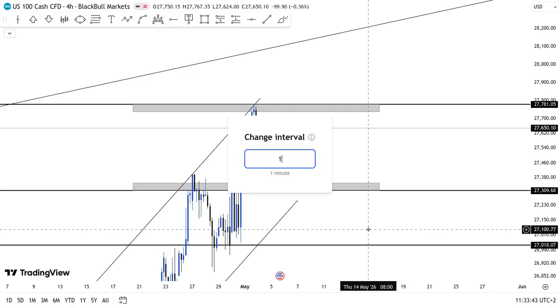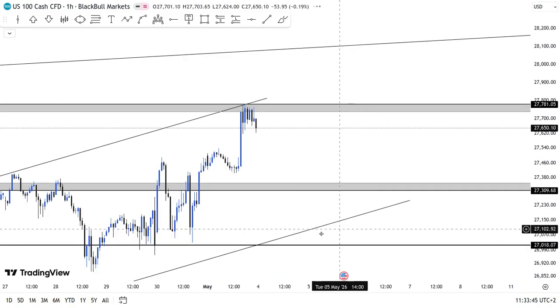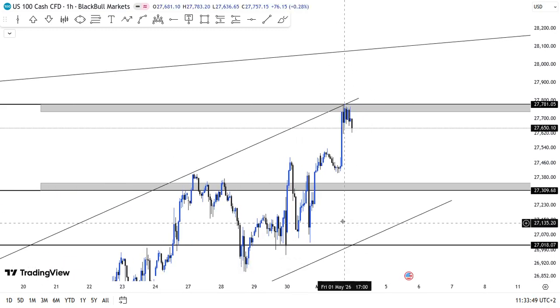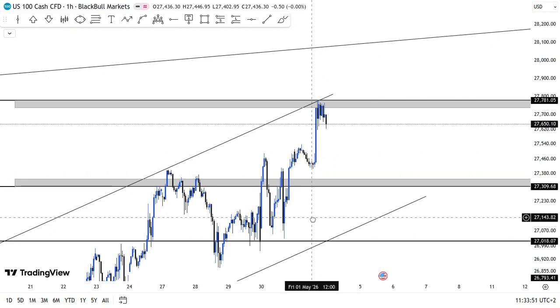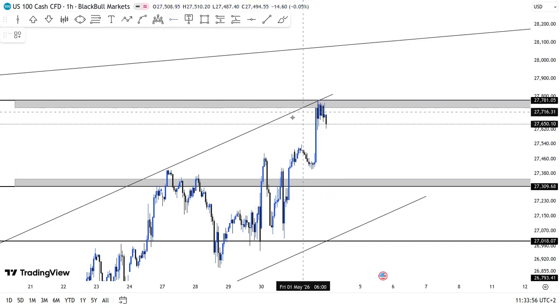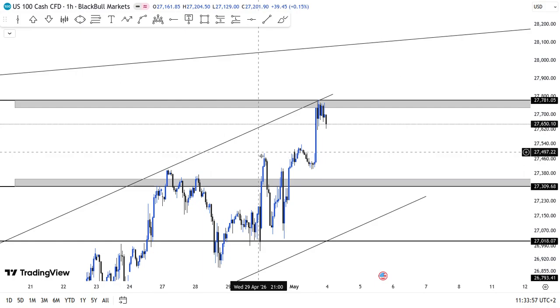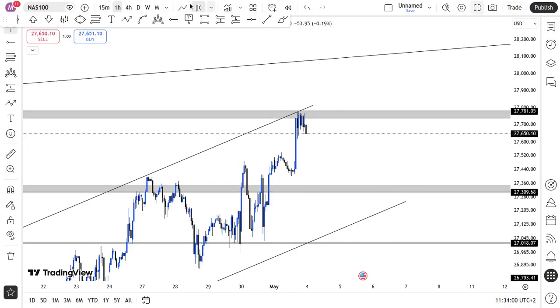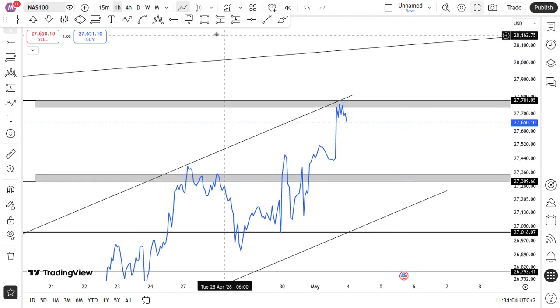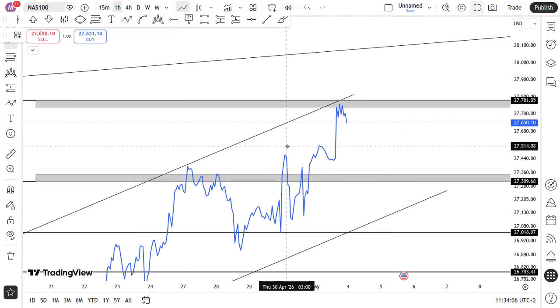So coming to my 1 hour time frame, I will be looking for an area that I can say is my minor level area, which in this instance, I can't see anything, to be honest, guys. I don't see anything. Let me take this right here.